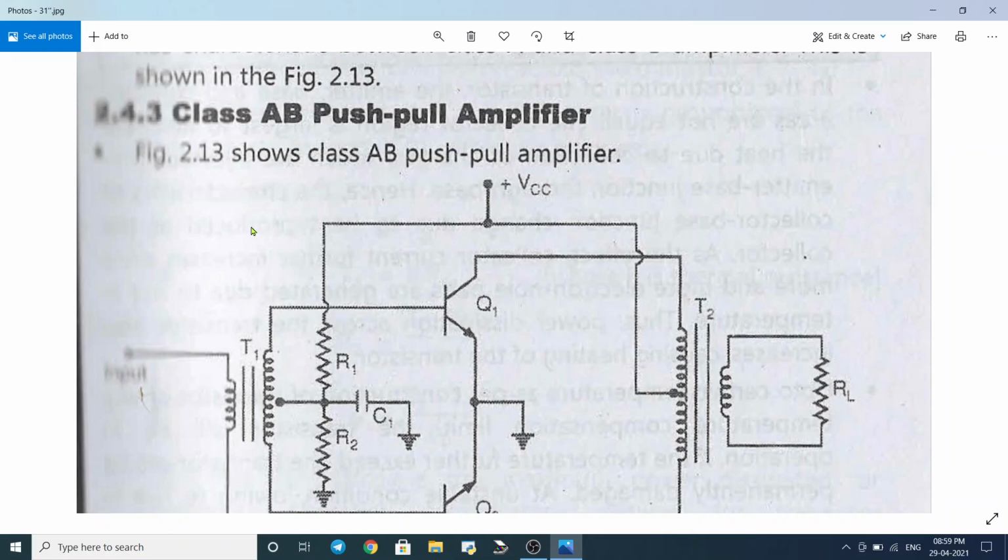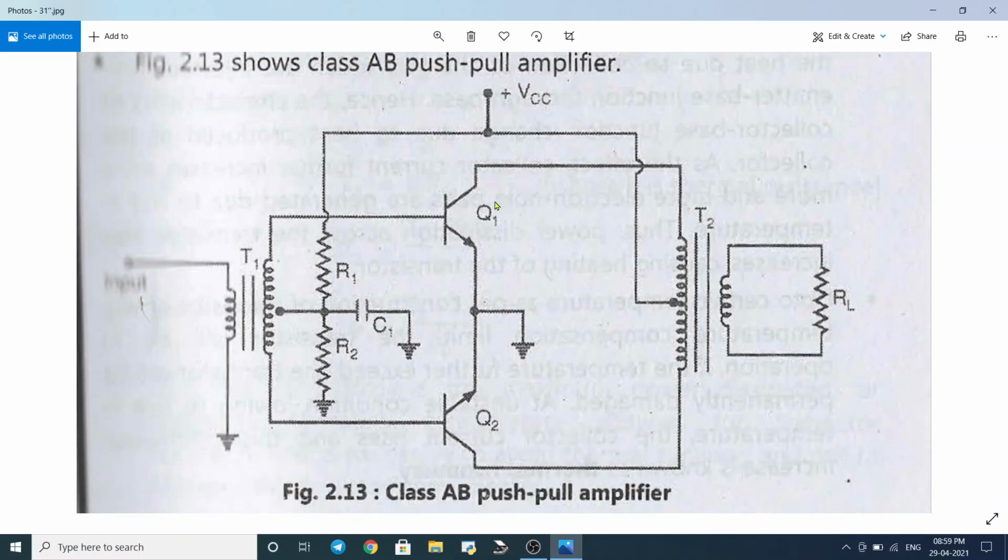So this changes the class B push-pull power amplifier into class AB push-pull amplifier. And we have seen the circuit diagram for class AB push-pull amplifier, in which there are again resistors R1 and R2 and a capacitor C1. This gives us the class AB push-pull amplifier.